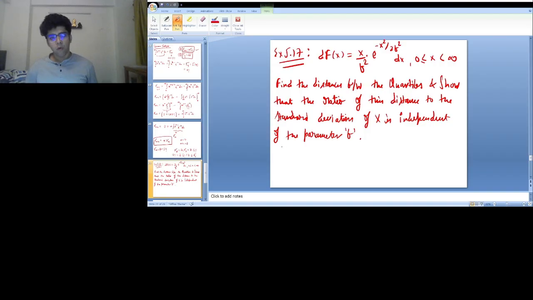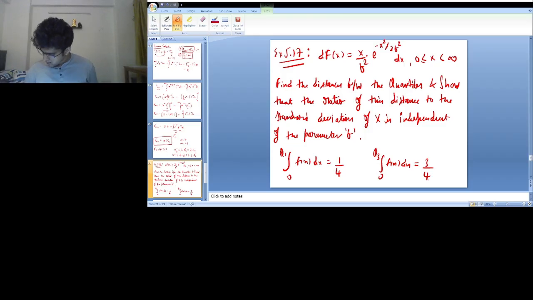So what's the formula for our quartiles? I'm just seeing the formula from the book. So q1 is my first quartile. So the integral from 0 to q1 of f(x) dx gives me the probability 1 by 4, and from 0 to q3 of f(x) dx gives me the probability 3 by 4.